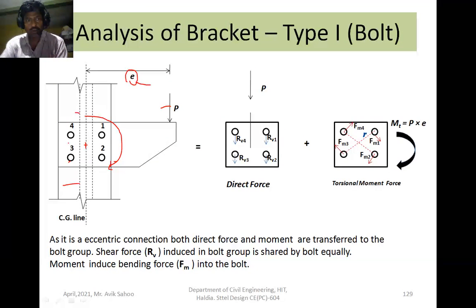Okay, the twisting moment is developed, so it will create a twisting moment.